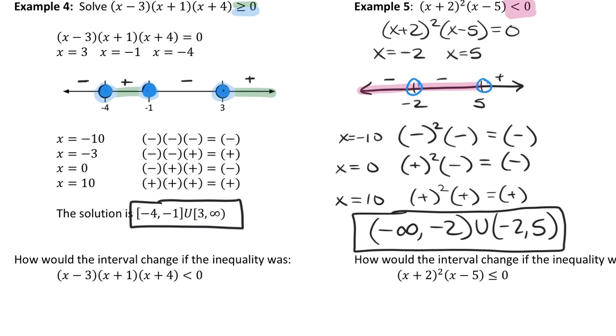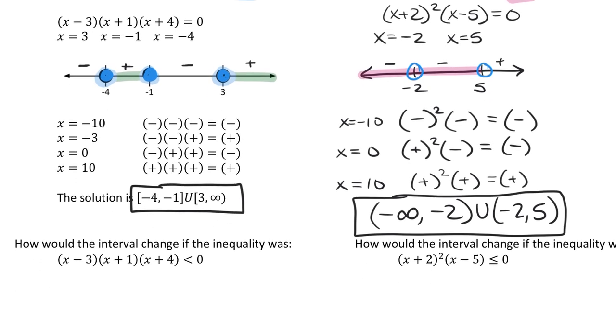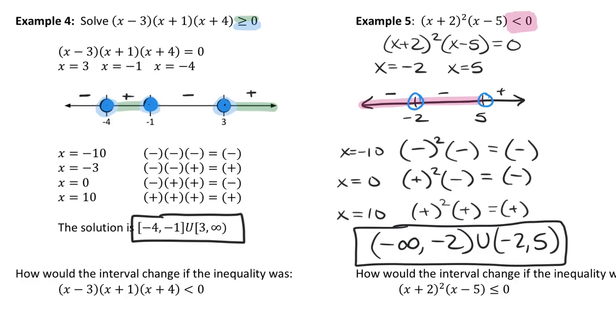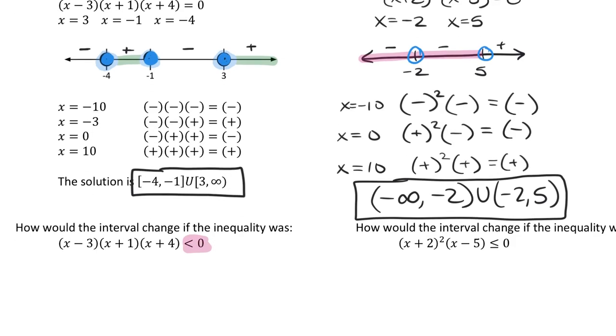Here's a little bonus question though. What if we were solving this question? We got the sign chart and everything like that, and then for this first one, instead of saying greater than or equal to 0 as the question, it says less than 0. We've already done that work, so look at our number line.